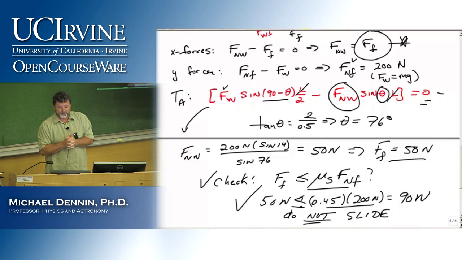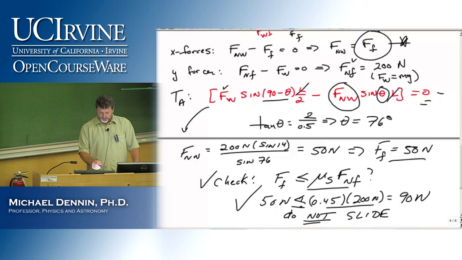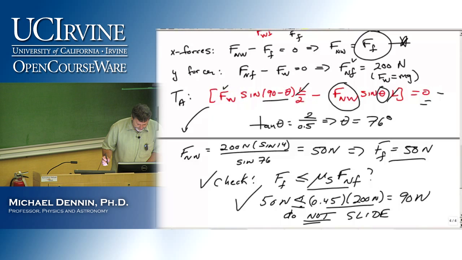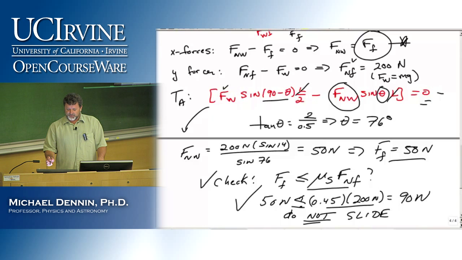Yes? How come you did a 2 for L over 2? Where is it? I forgot to write it down as where it is. No, wait. Yeah, I think I just forgot to write it down. I think it goes here.